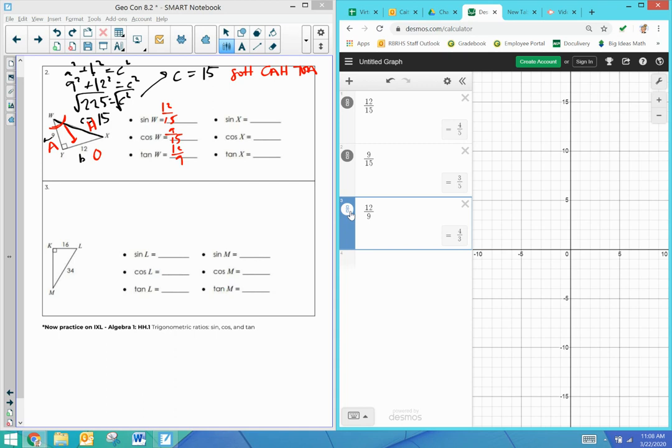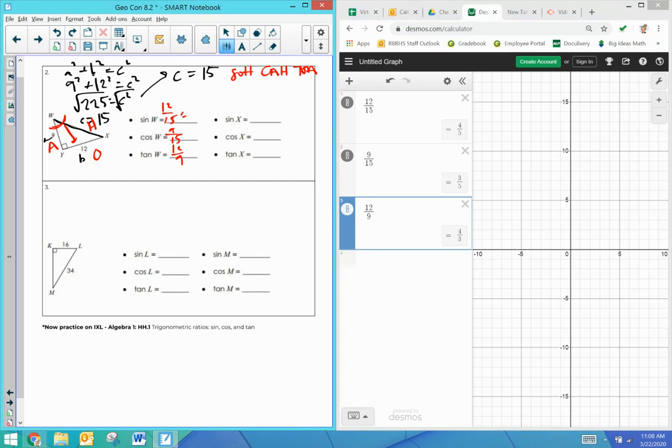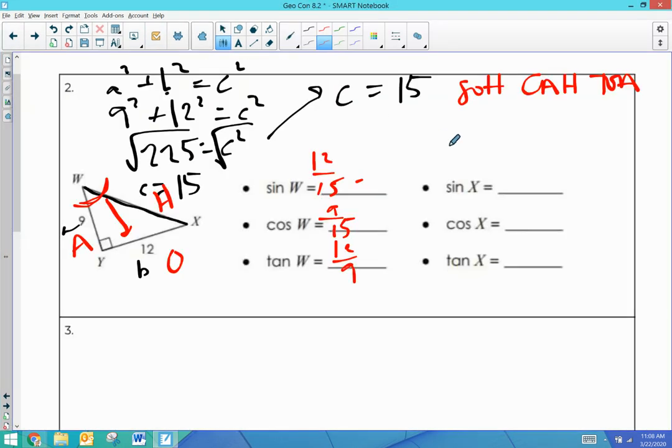So we got ourselves 4/5, 3/5, 4/3. Nice, nice. We're getting it.